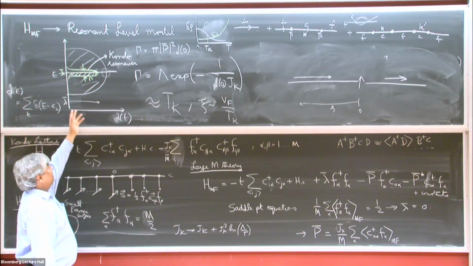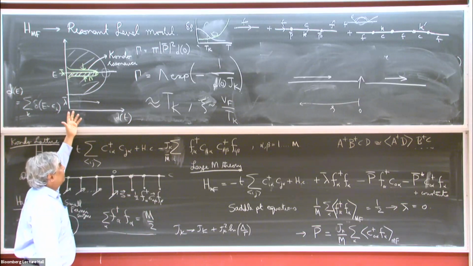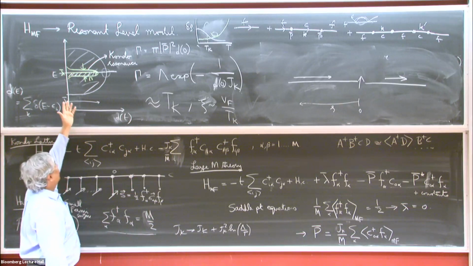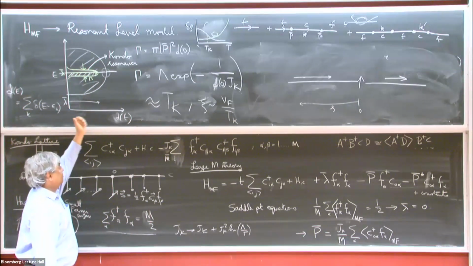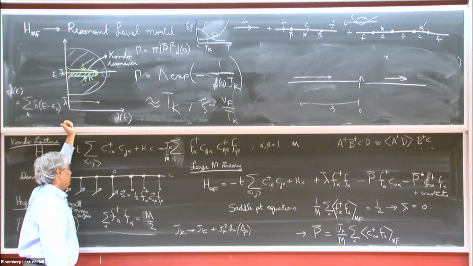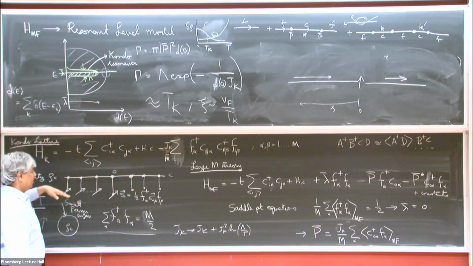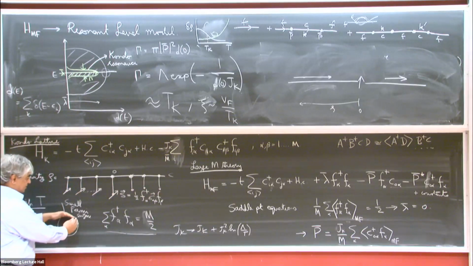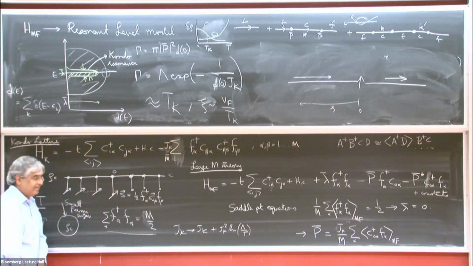And what we learned for a single impurity was that the spin below the Kondo temperature just became an electron. It had a Kondo resonance and it dissolved into the Fermi sea. So maybe that's exactly what's going to happen here. All of these spins are going to dissolve into the Fermi sea, and the net effect is that the Fermi surface is going to become larger. So that's what I'm going to show you now, how that happens.